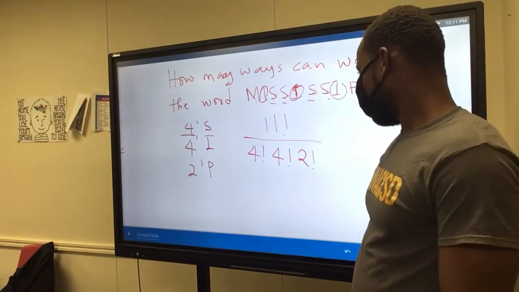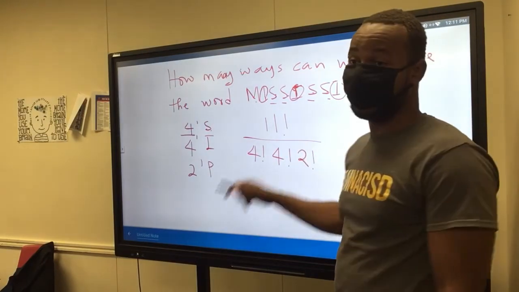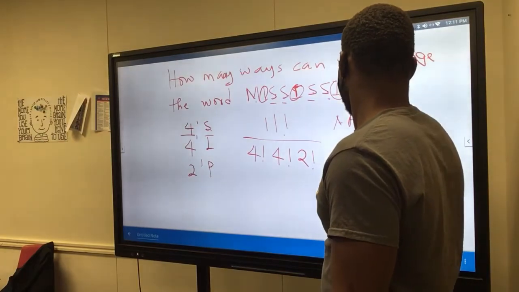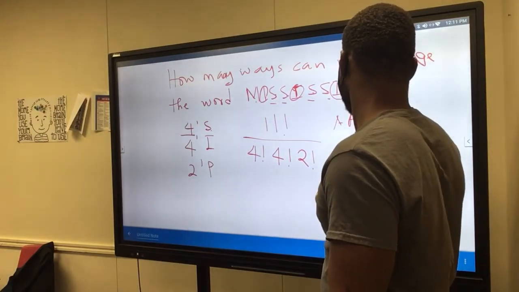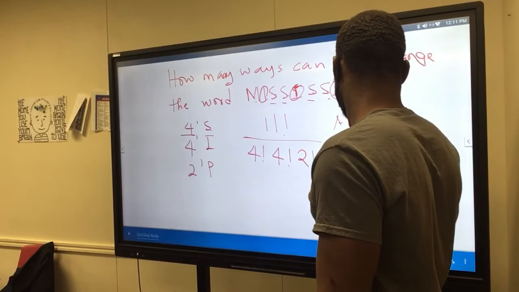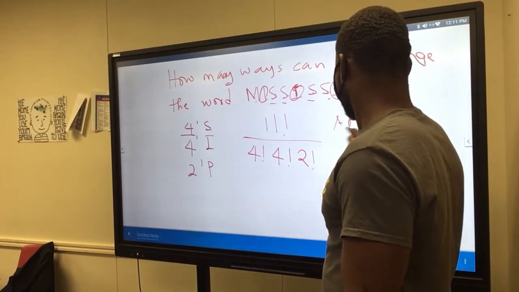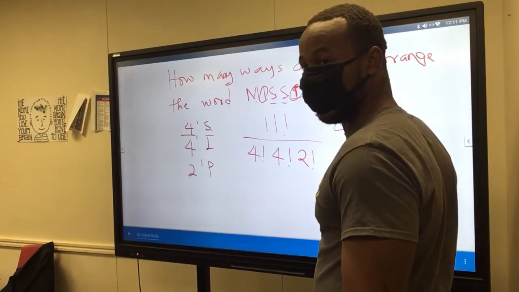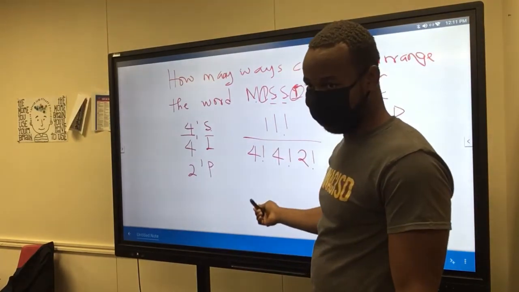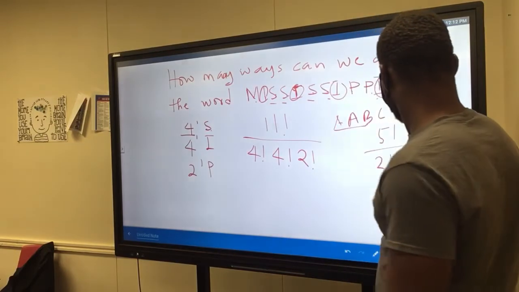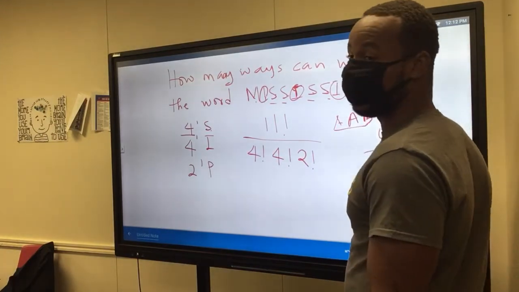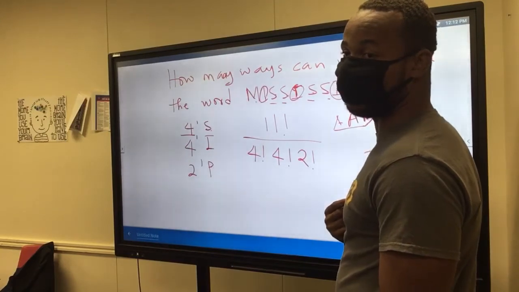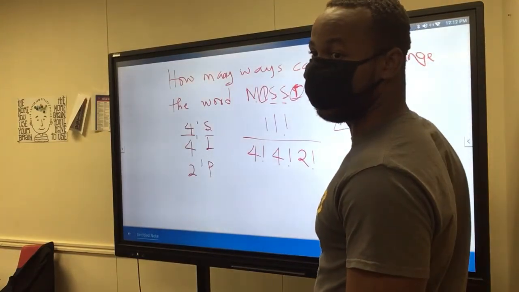But if I give you a question, most of the time I'll give you something like A, A, B, C, D. That would be 5 factorial. Now there are 2 A's, so 2 factorial. That's all you have to calculate. I won't give you a number like this to calculate. So 5 factorial over 2 factorial, I can even calculate it myself, which is 5 times 4 is 20, times 3 is 60.